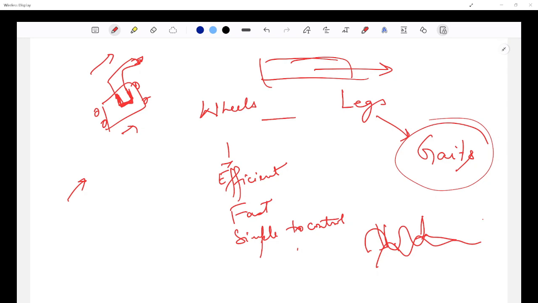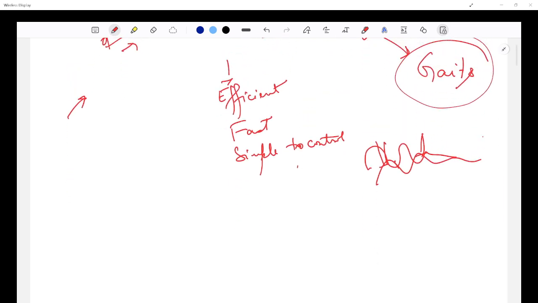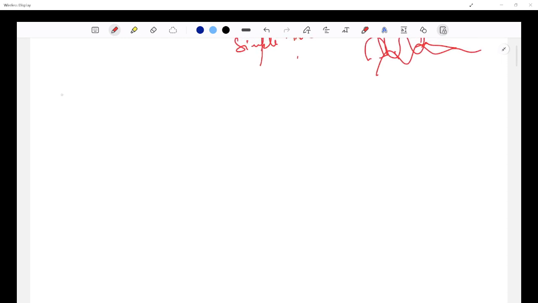Okay, so now let's understand the types of wheels. So one is the conventional wheel, right? And this is something that you see in cars. It rotates about its axis and can be steered. Okay. The second one is omnidirectional wheels. This is very interesting.